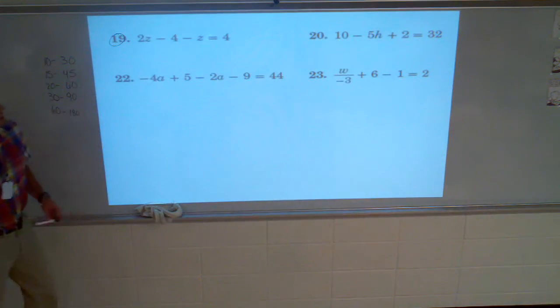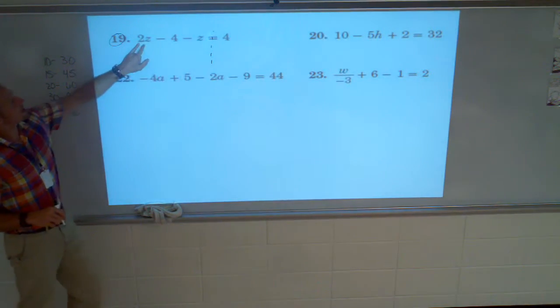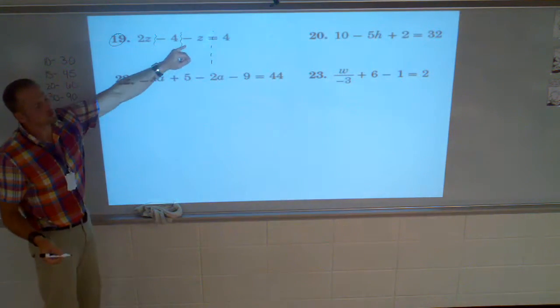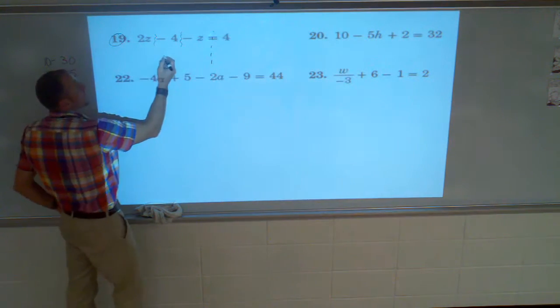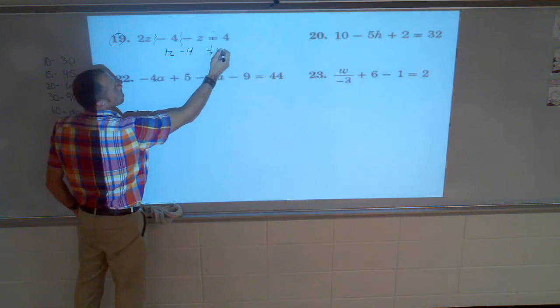Lacey, simplify this side for me. I've got a 2z, I've got a negative 4, and a negative z. What's 2z minus 1z? 1z. Also got my minus 4 is equal to 4.